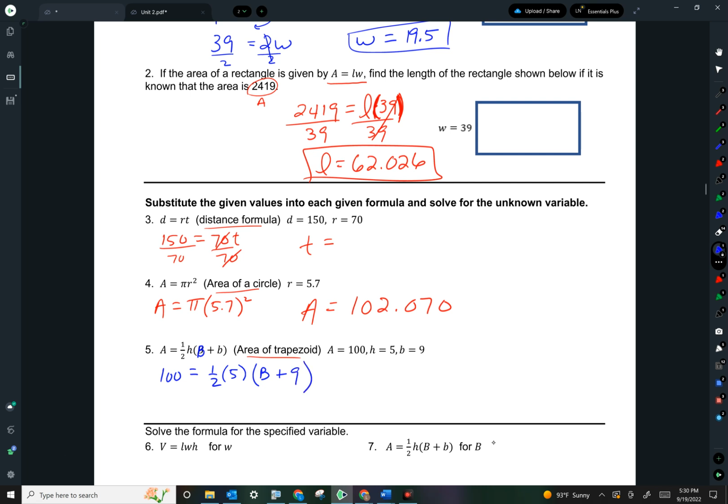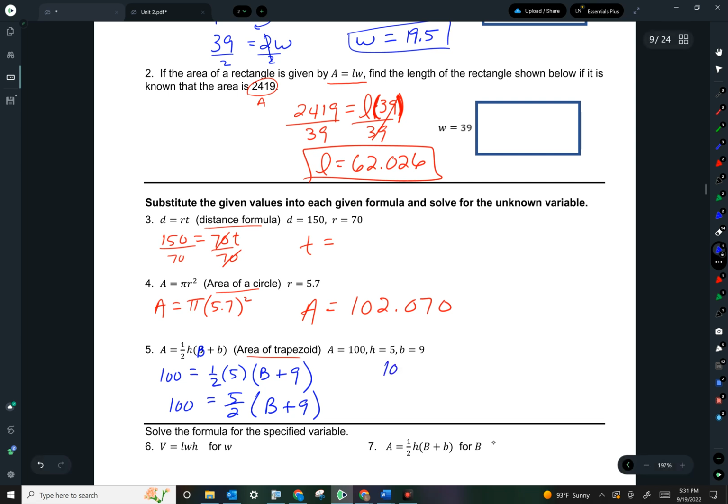Okay, so in order to solve this, first of all, I'm going to think about this 1/2 times 5. That's just 5/2. So I've got 100 equals 5/2 times B plus 9. And now if you pull out your solving skills, like we learned the last week or so, I need to distribute the 5/2.